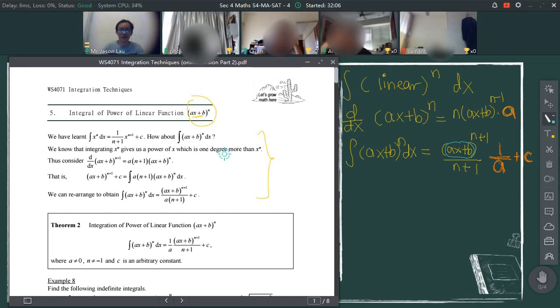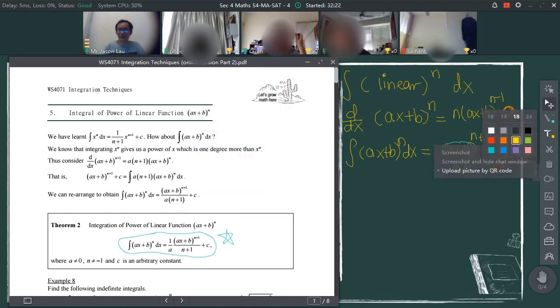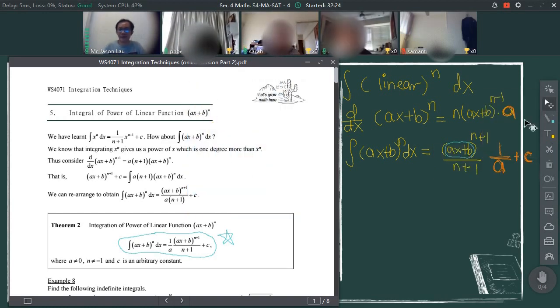If you understand this, then this is your theorem 1. Theorem 2. So this is our very important result. What important results have we covered so far? These are the few. So far I just summarize here. So important results are these.